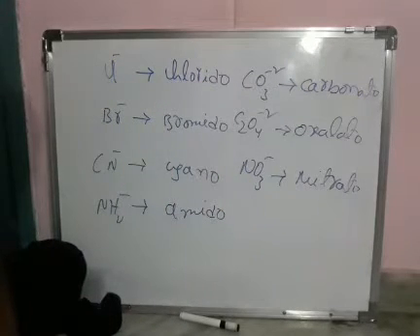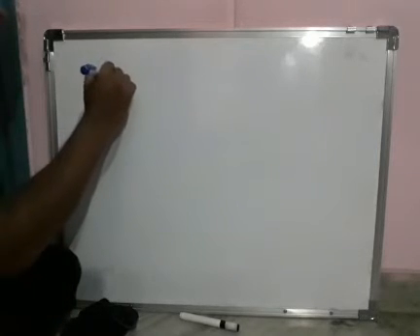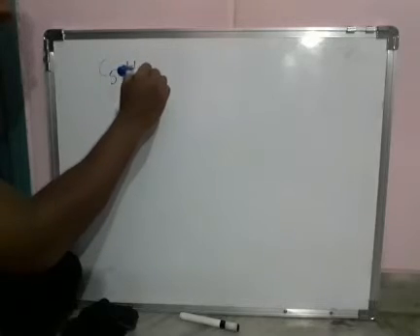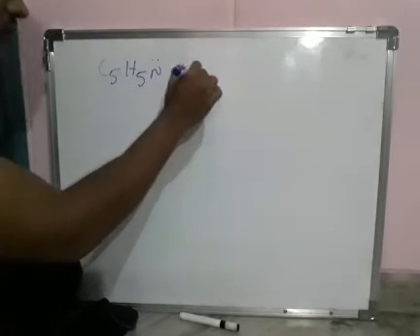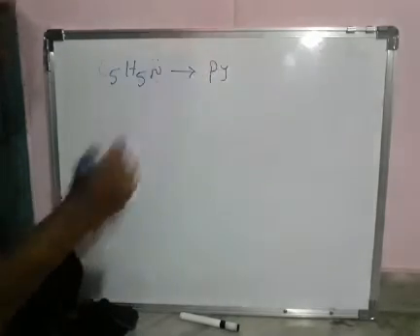While writing the neutral ligands, pyridine C5H5N should be represented with the symbol Py.